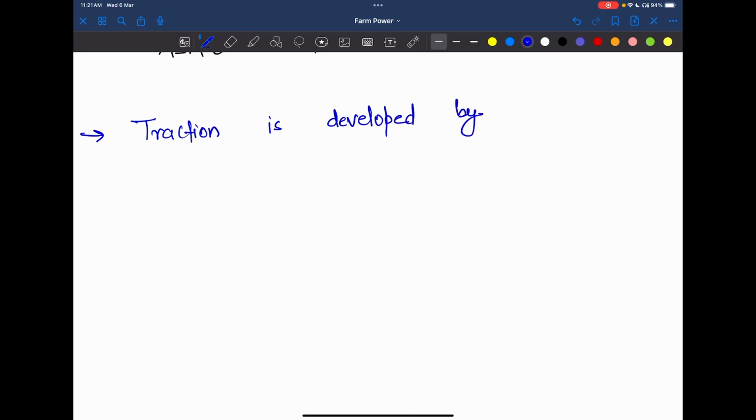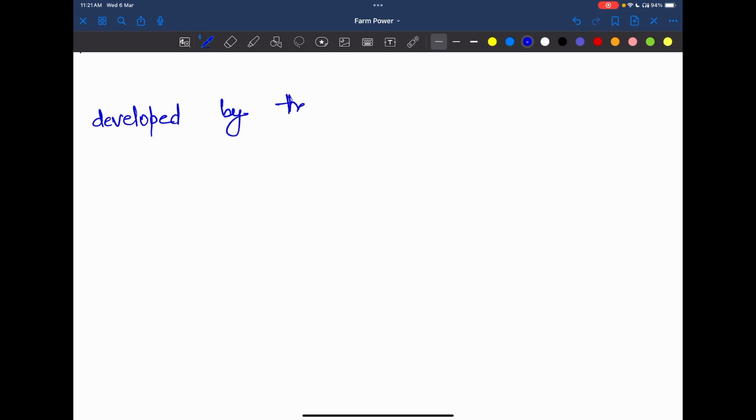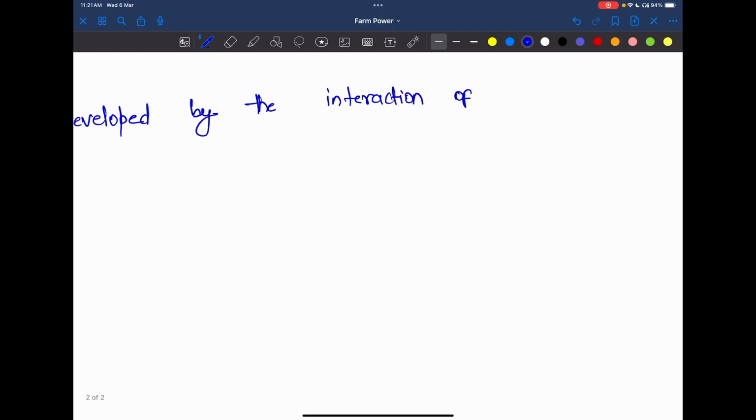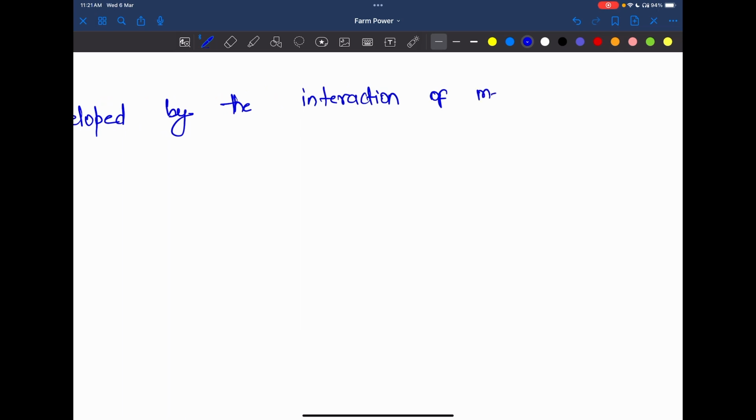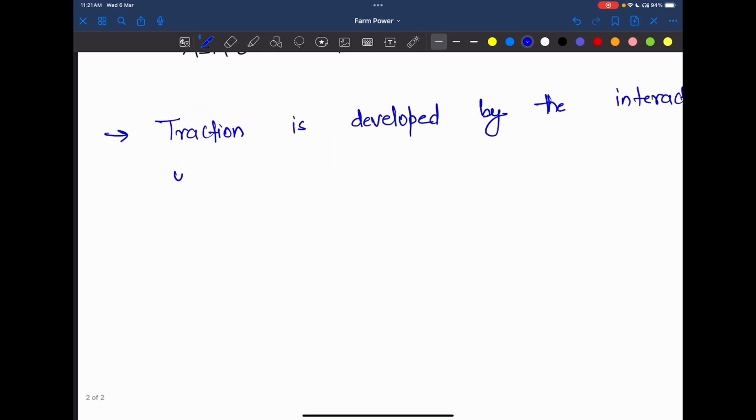Traction is developed by the interaction of mechanical devices with soil. What is central to the design of the traction system is the development of the performance equation.